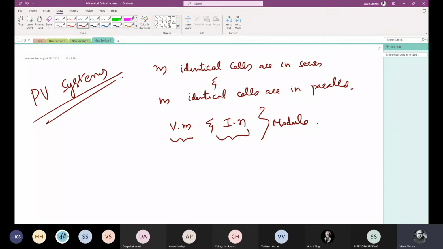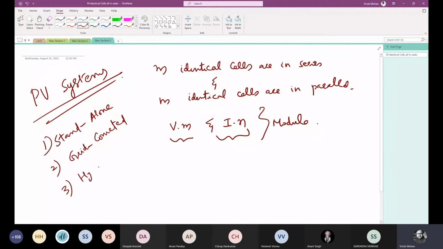It also may have to feed both AC and DC loads, because sometimes you have DC loads, sometimes you have AC loads. Both must be powered. So depending on the system configuration, 3 main types of PV systems are there. First one is standalone, second one is grid connected, and the third one is hybrid.